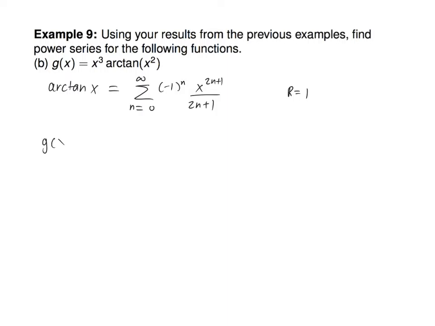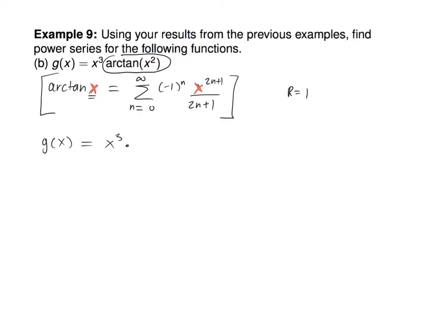So our function g of x is x cubed times... can you use that power series that you know to get the power series for arctan of x squared? What could you plug in for x? X squared. So you see how this says arctan x, this x is that x.